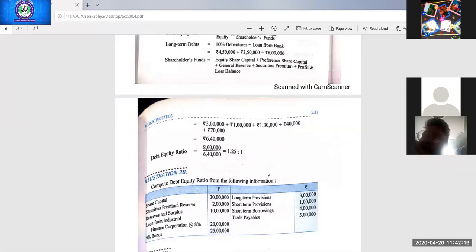Bonds is also the part of non-current liabilities, 25 lakh. Long-term provisions, 3 lakh. Short-term provisions, 1 lakh. Short-term borrowings, 4 lakh. Trade payables, 5 lakh. Last 3 items, short-term provision, short-term borrowings and trade payables are of no use.